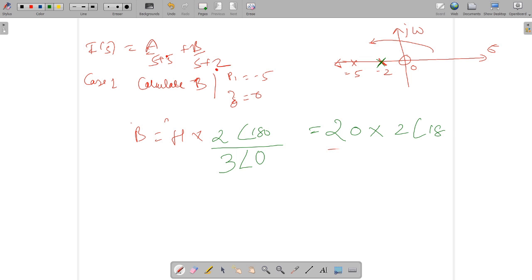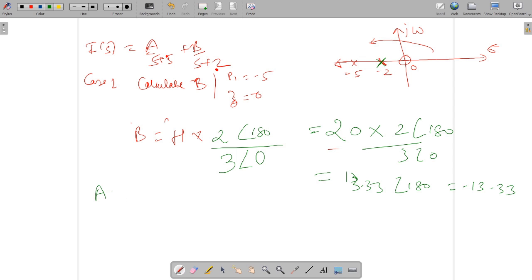So if I solve this, now H is a constant term, and 2 angle 180 upon 3 angle 0. If you solve it, what are you going to get? 13.33 angle 180. So if I solve this again, this will be minus 13.33. Then you can solve it in the calculator. If you have the ES calculator for network related problems, you should always use the ES calculator, because it will involve many calculations.